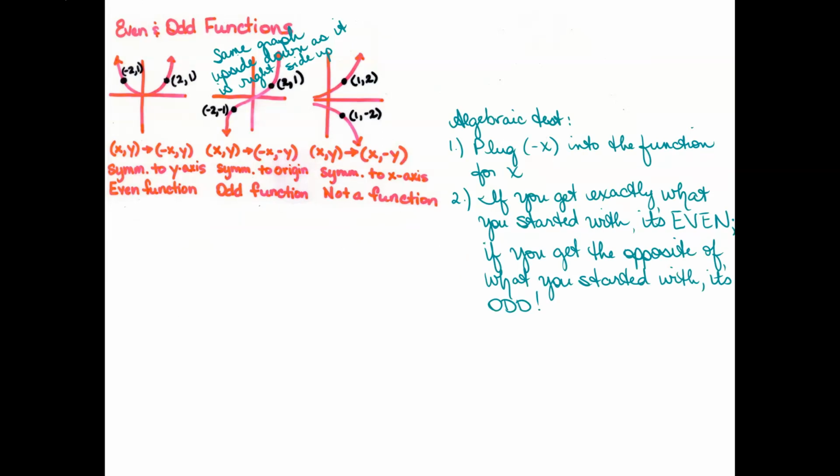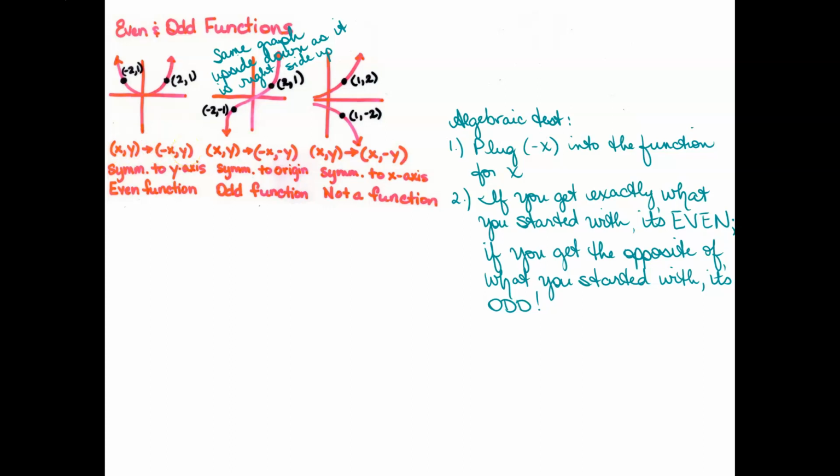We also have an algebraic test we can use to determine. And that test is plug a negative x into the function in the place of x. If you get exactly what you started with, it's even. If you get the opposite of what you started with, it's odd. Okay, if you notice over here, when we put a negative x in the place of x, we get the exact same y that we started with.